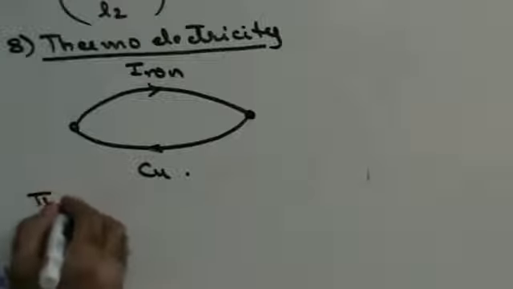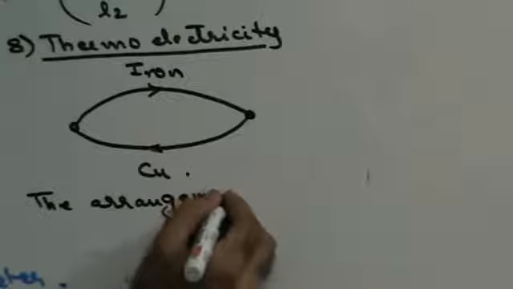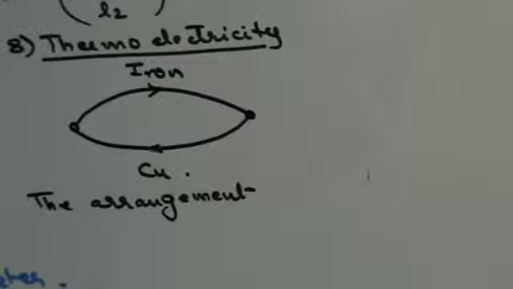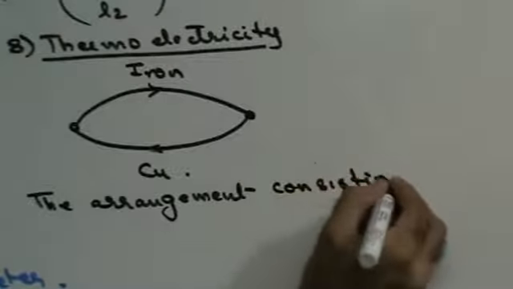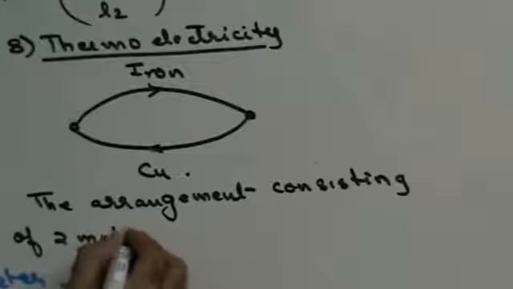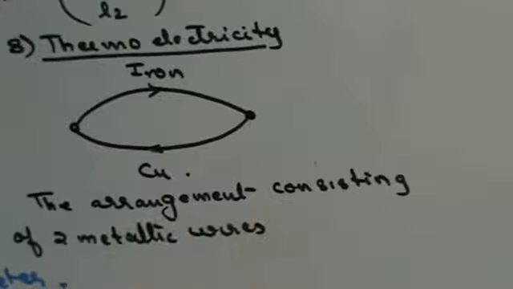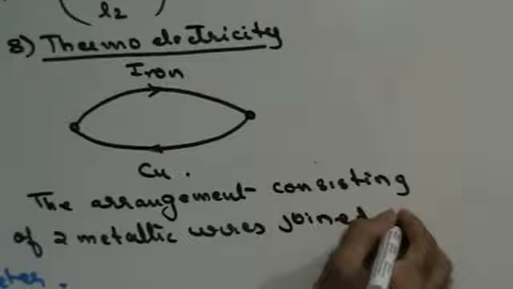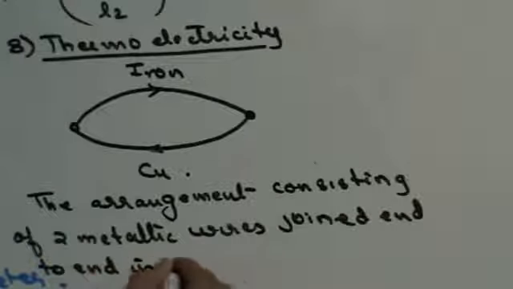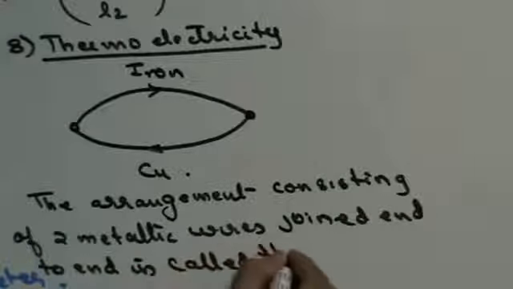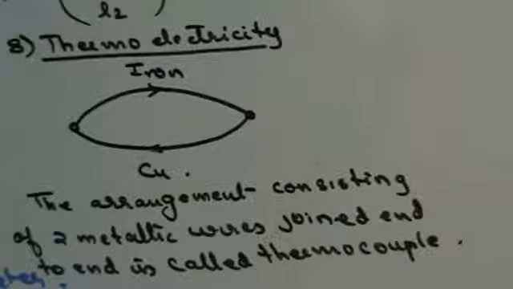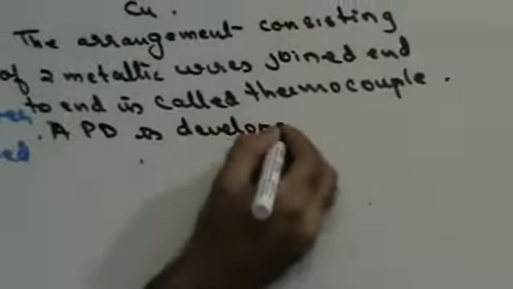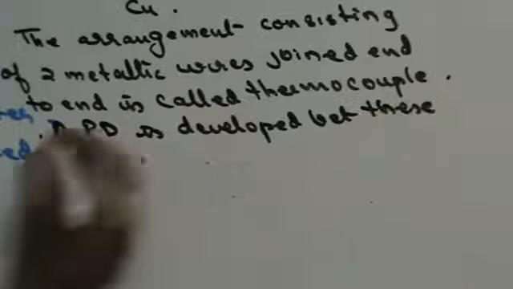The arrangement consisting of two metallic wires joined end to end is called a thermocouple.